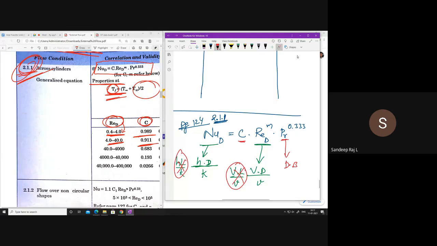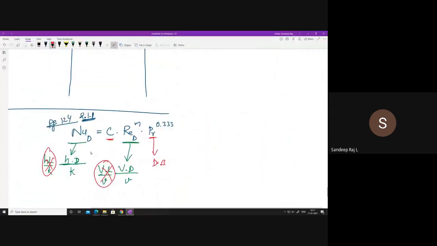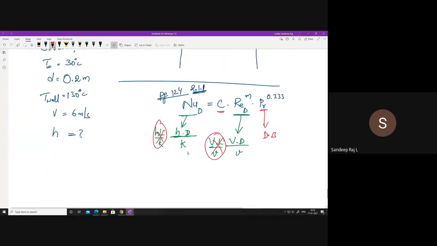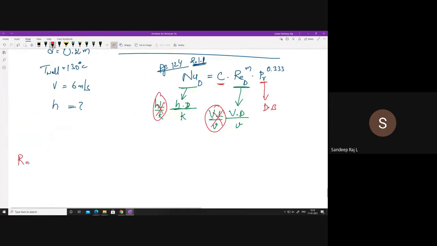So in order to proceed with this particular correlation, what you have to do first is find out the Reynolds number value. So how do you go about finding the Reynolds number here? The Reynolds number is equal to Vd by nu, and the velocity is given as 6, and the diameter is given as 0.2.